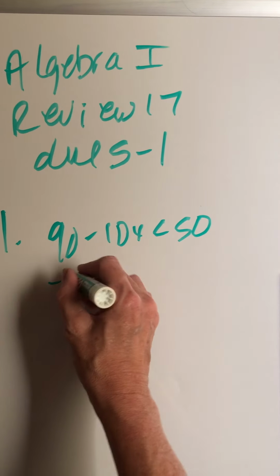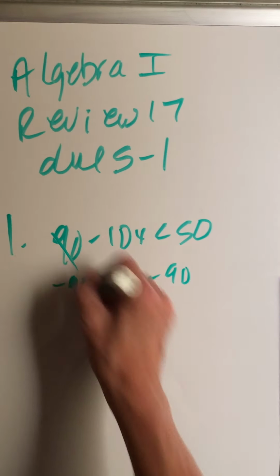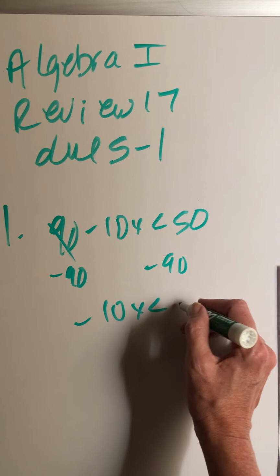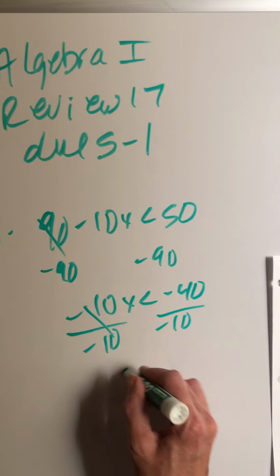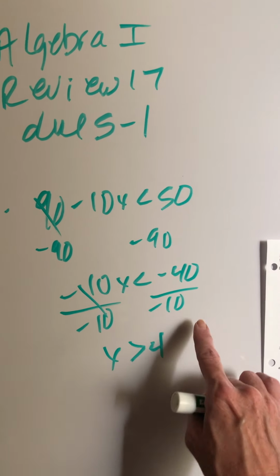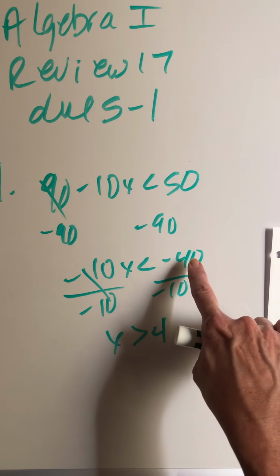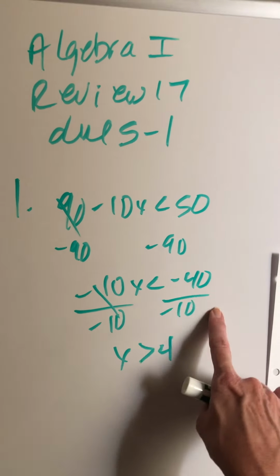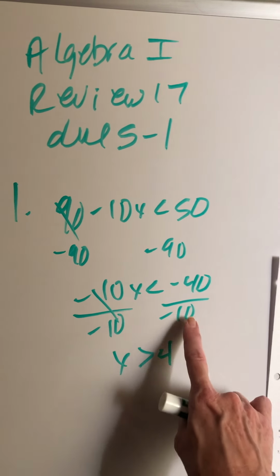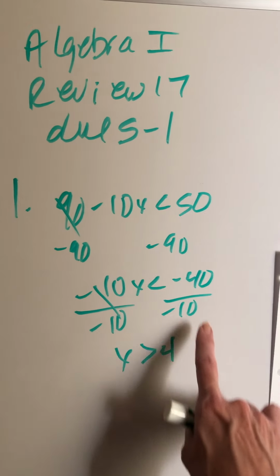So just solve it. So subtract 90 from both sides. You have negative 10x less than negative 40. Then divide by negative 10. So x is greater than 4 because a negative divided by a negative is a positive. A lot of you are saying that a negative divided by a negative is a negative, but this should be positive.